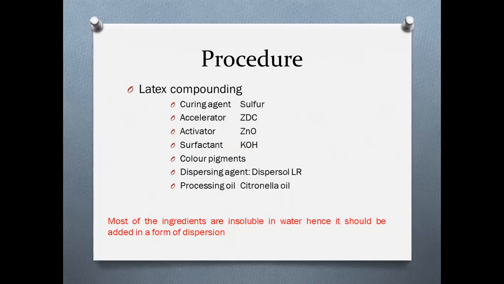And then, as I told you earlier, we have to make dispersions, and some of these ingredients are not soluble in water. For that, we are using dispersing agent with water to have a good dispersion. The commercial name of the dispersing agent is Dispersol LR. And the processing oil, we are using citronella oil for this process. So these are the ingredients we have to add into the latex. This process is known as latex compounding.